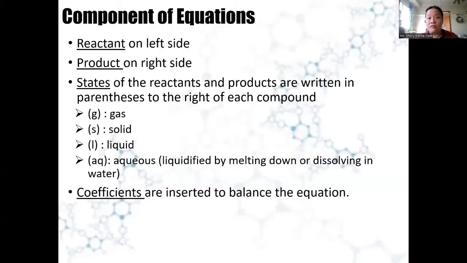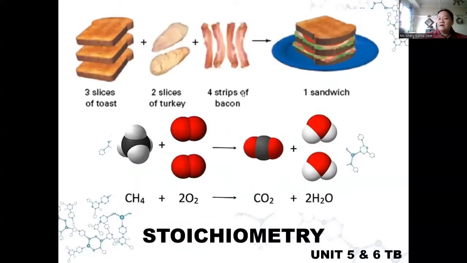Okay, back. We will do balancing equations. For balancing equations, you should know the components of an equation. In a chemical equation, you will have reactants and products. Reactants are on the left side and products are on the right side.